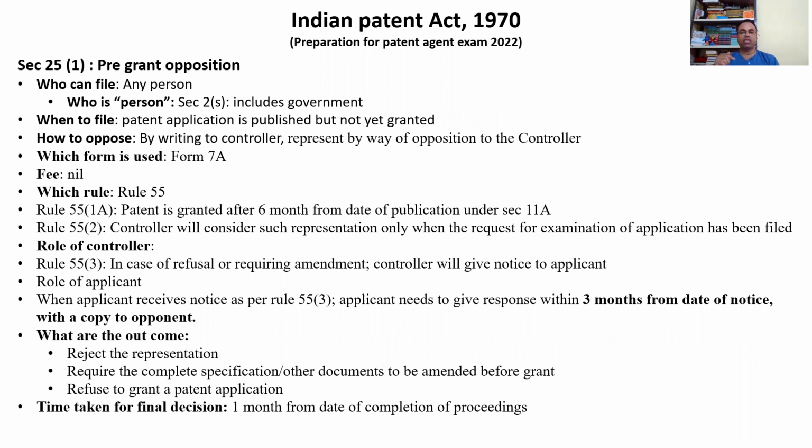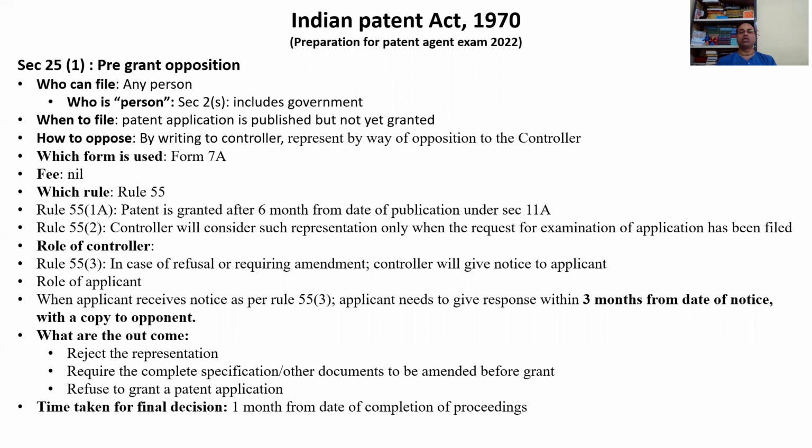What may happen is that a person files an application, but does not want to proceed, and has not filed a request for examination. If the application is not filed for examination, it is not going to get granted, and if it is not going to get granted, I have no problem.